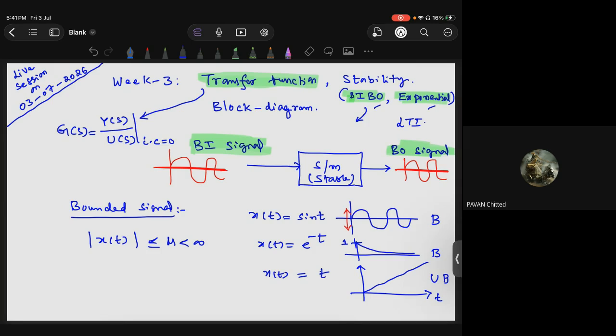Yes, sir. I'm not quite sure how to connect this BIBO stable with the poles location. Okay, sir, I'll try to find the answer. Basically, the ROC is directly connected to the poles. There's no doubt about it, sir.